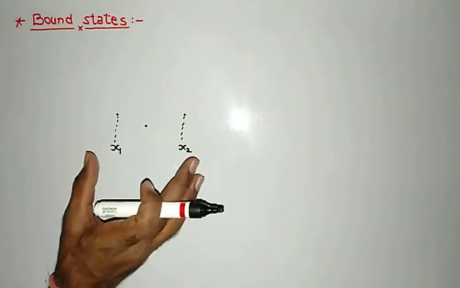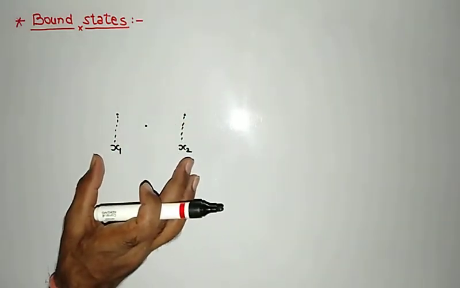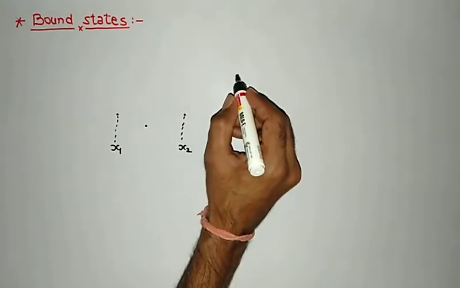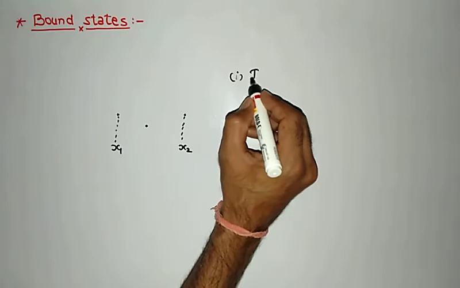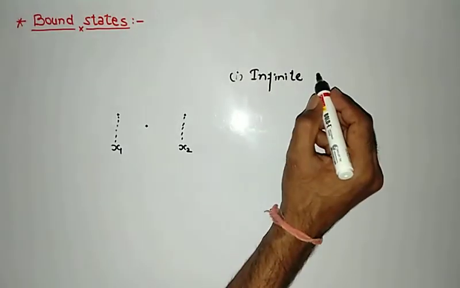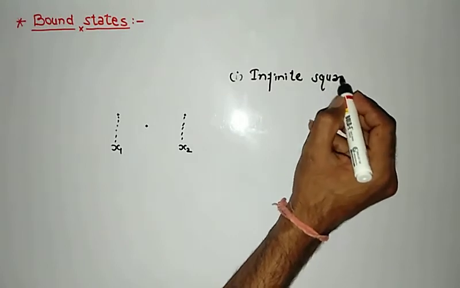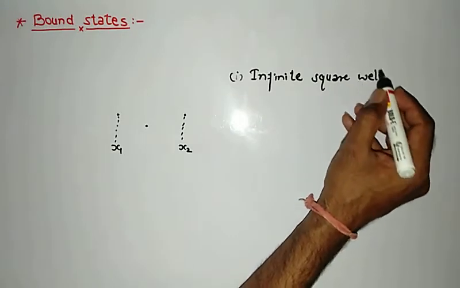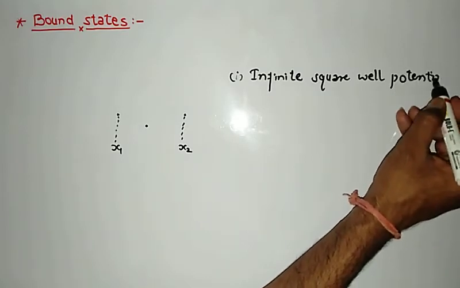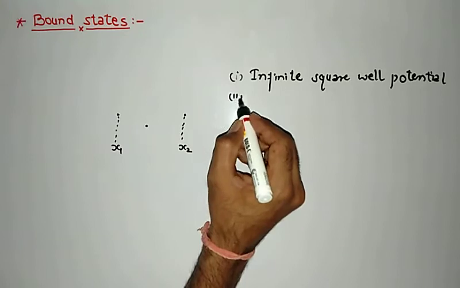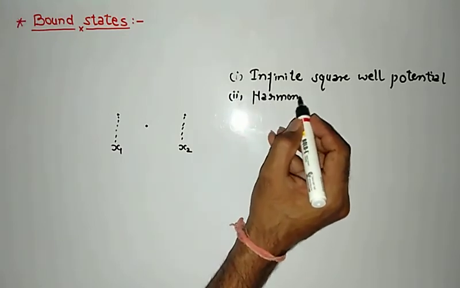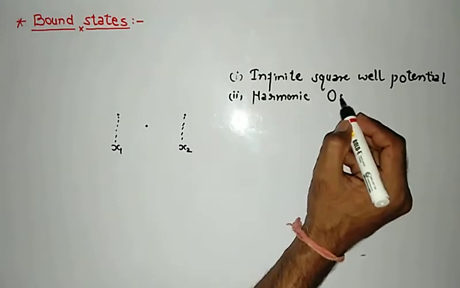These bound states we can see in the infinite square well potential. Also in the harmonic oscillator.